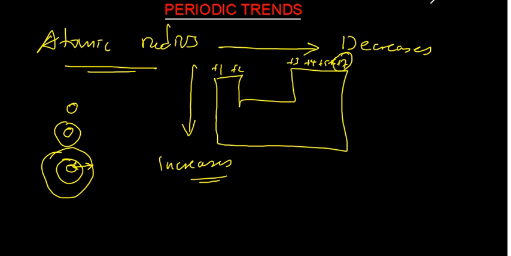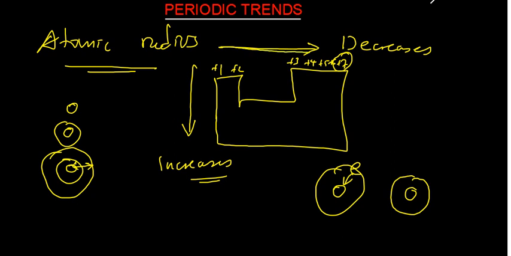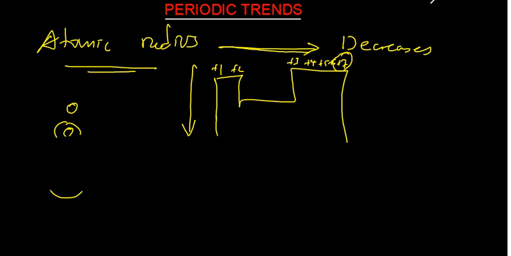Because electrons have been pulled more strongly to the nucleus, the atom is going to shrink. It's becoming much smaller. And so that's why the decrease is recorded as you are going from left to right. That is because of the effective nuclear charge. So that is the trend in atomic radius. Now what of ionic radius?